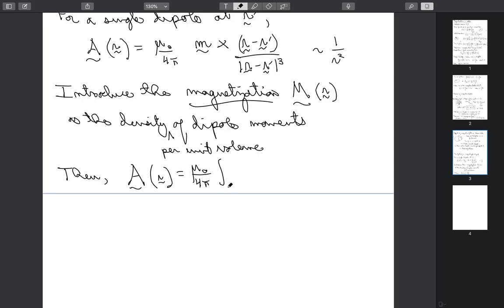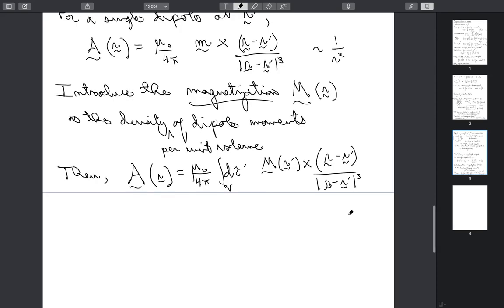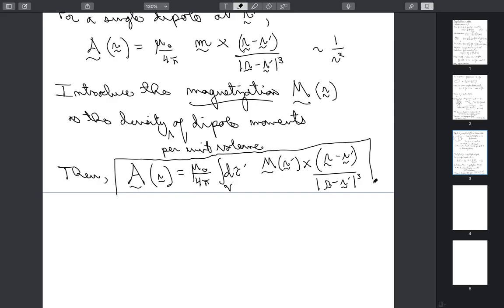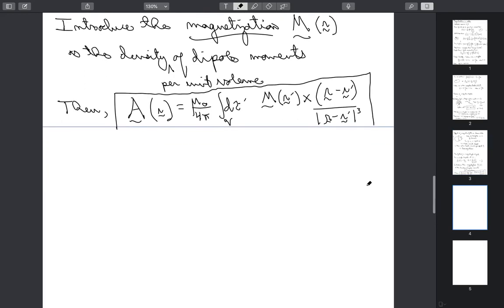So it's going to be a volume integral of just what you expect, the magnetization at point r prime, crossed into our beloved r minus r prime as a vector, scaled by the cube, so that it goes like 1 over r squared. Okay, so that's an extremely important equation. If you want, it gives you the vector potential coming from an arbitrary distribution of dipole moments.